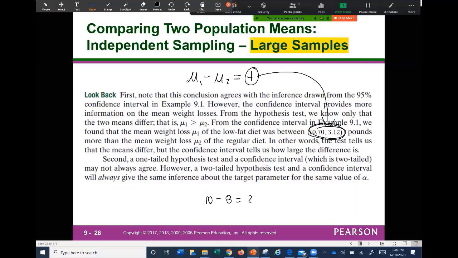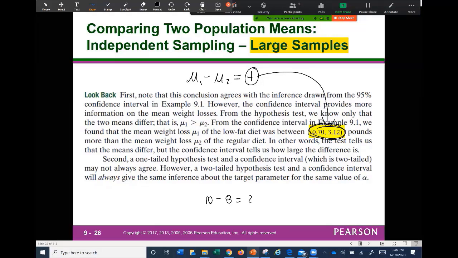But in this particular example, the confidence interval gives us more information, because the confidence interval not only tells us that the first value is bigger than the second. In our example, we obtain a confidence interval for the difference between mu1 and mu2 between 0.70 and 3.12, positive numbers.